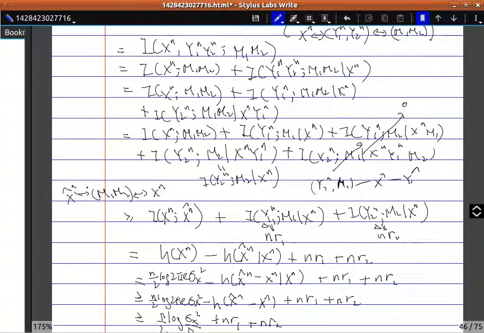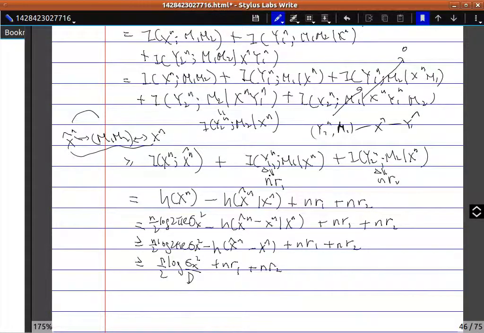And because we have the data processing, we have the Markov chain here, that x hat n is only conditionally independent given m1, m2 with xn. So we can use the data processing inequality: the mutual information between these two will be bigger than the mutual information between these two.